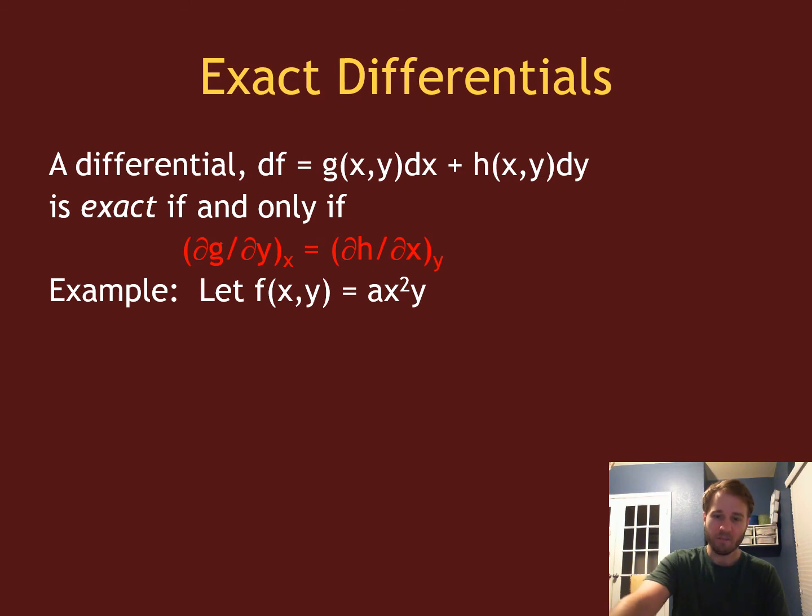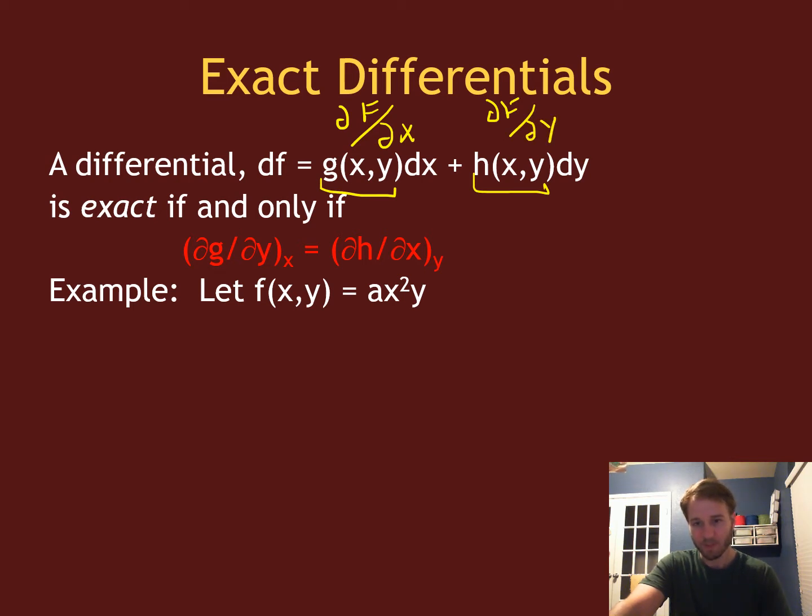If f is a state function, if it has an exact differential, what must hold true is that for g of x, y and h of x, y, the derivative of one with respect to y has to equal the derivative of the other with respect to x. As a reminder, g of x is the partial of f with respect to x, and h of x is the partial of f with respect to y.